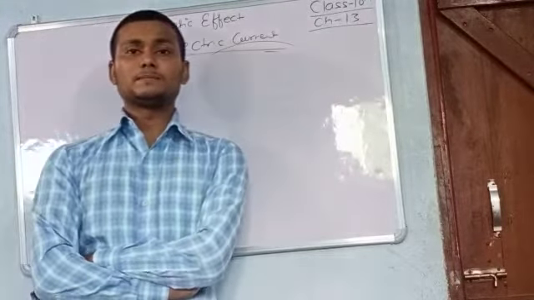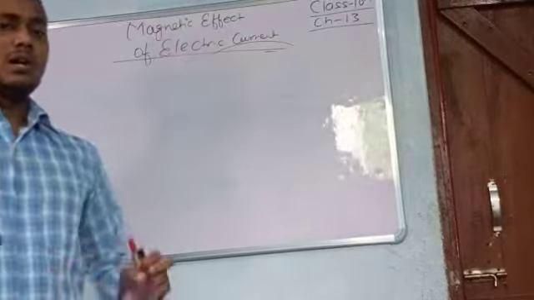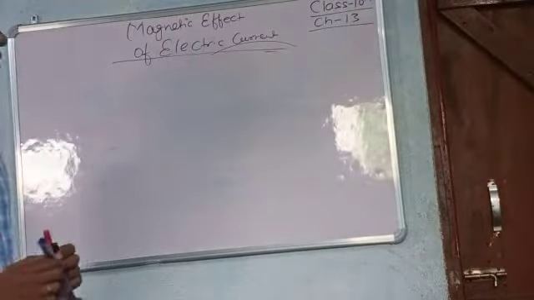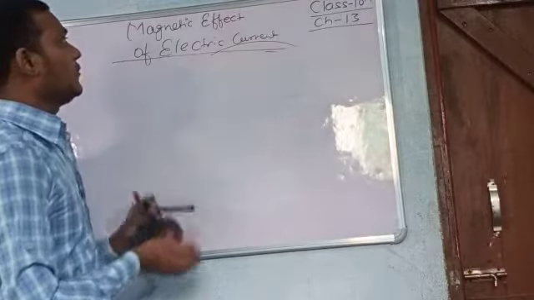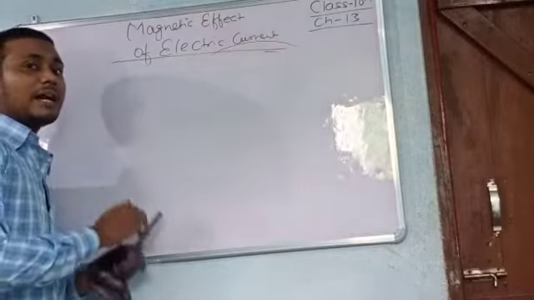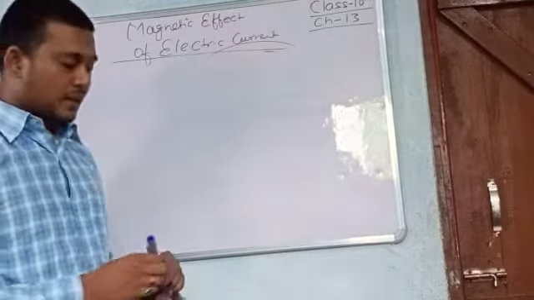Next, we make a circuit and show how current affects a magnet and how a magnet affects current.